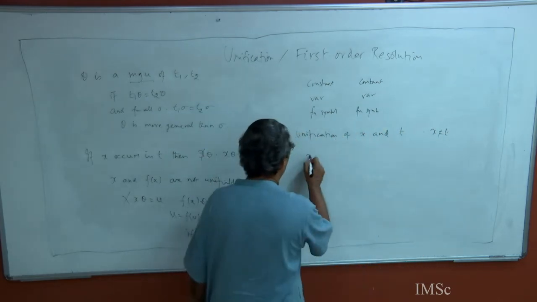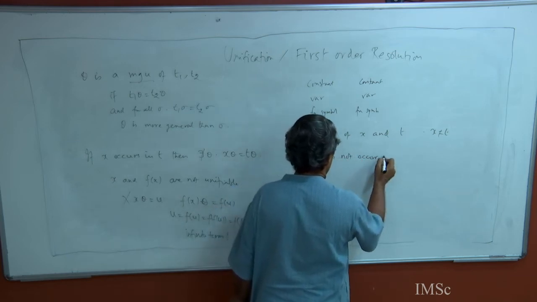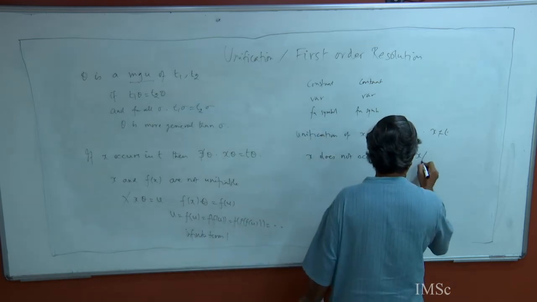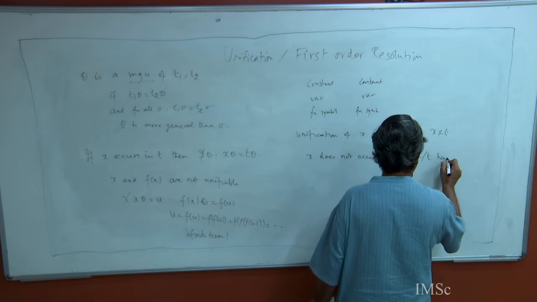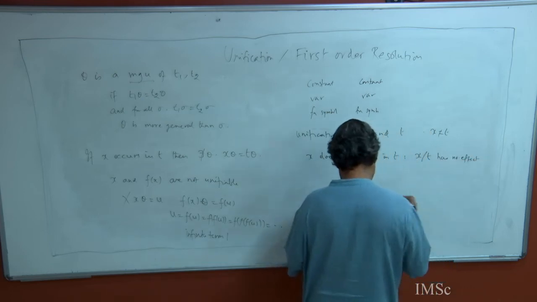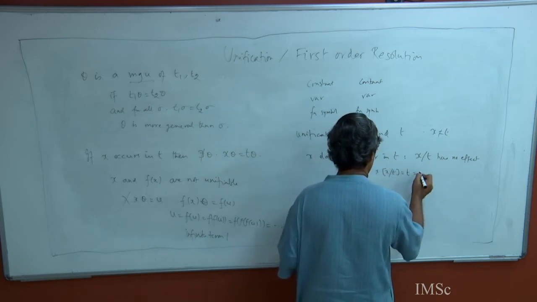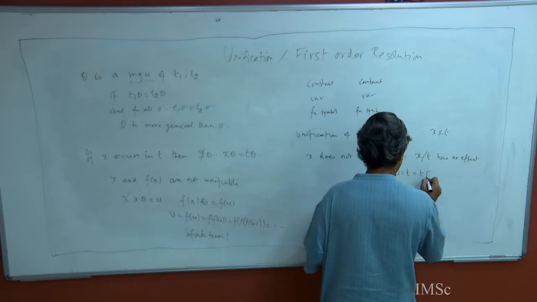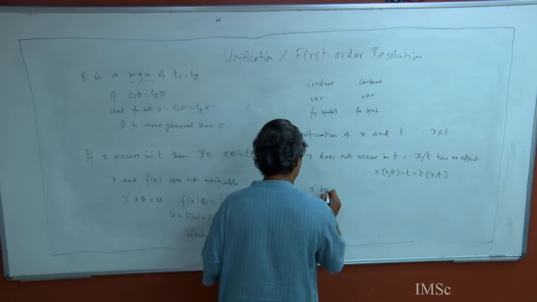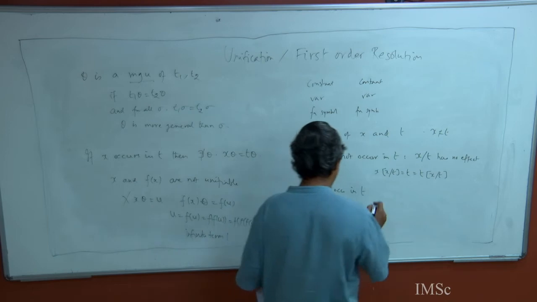If x does not occur in t, then the substitution has no effect, right? And so x with x replaced by t is nothing but t, which is the same as t with x replaced by t. And if x does occur in t, then no unifier exists.